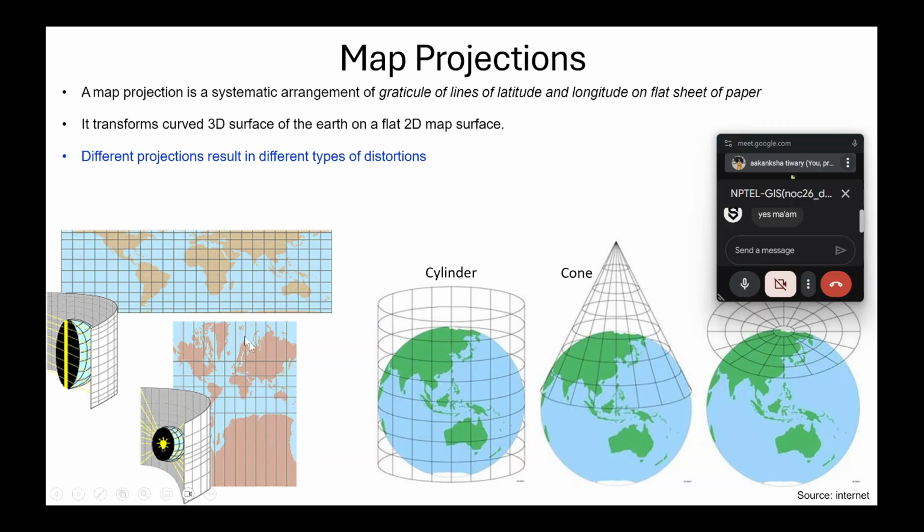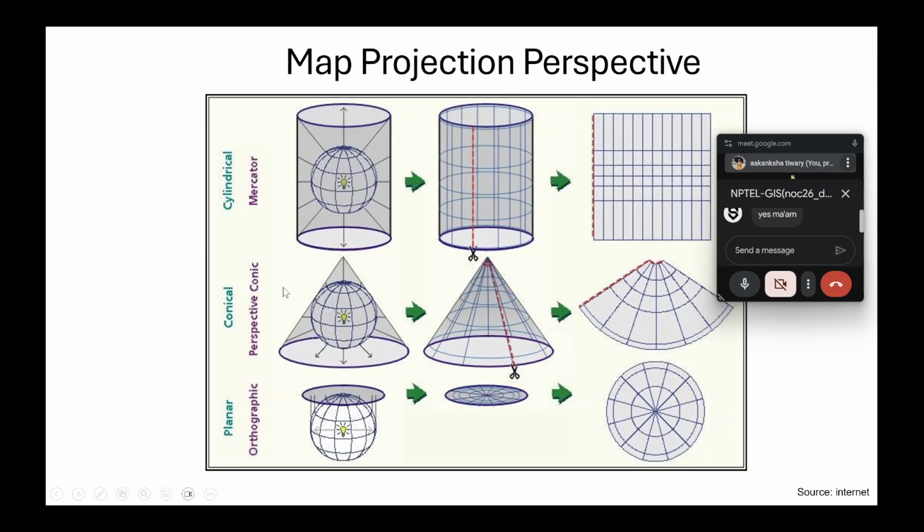so you already know there are different ways through which we can project this, and you can see this is the one that is very popular, cylindrical Mercator. So these are the usual maps that we see, and this is a conical map, which is good for high latitude areas, and this planar one is good for representing the polar areas.